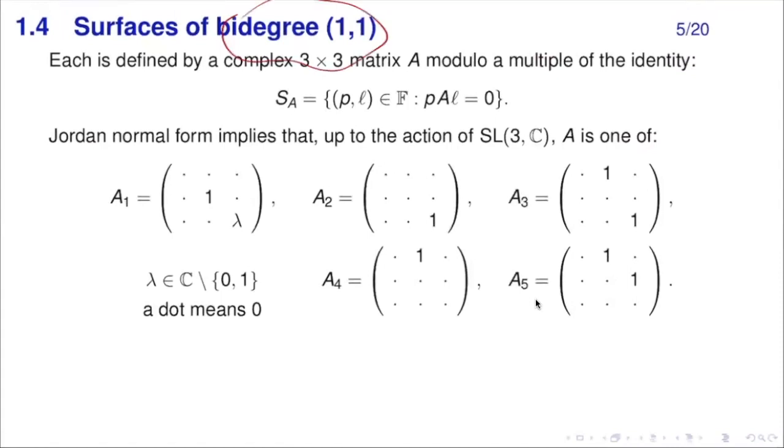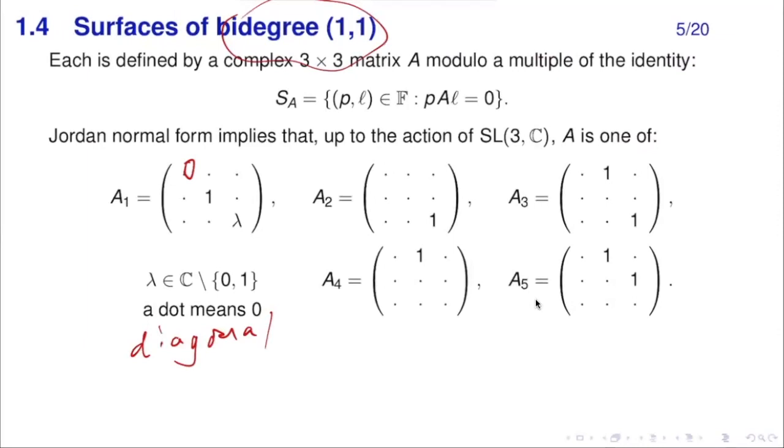And you can always make the dots mean 0 here, so you can always make the first eigenvalue here, for example, 0. This is the diagonal case here, which is the most important one really for this talk. But there are these other more degenerate cases.